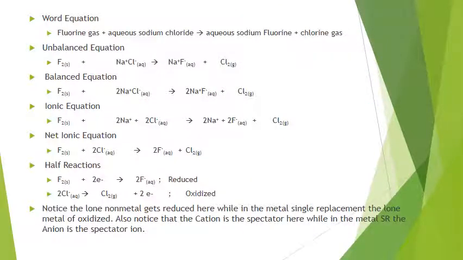So we're going to just take a look at this reaction here. All right, so we're going to write the word equation. So fluorine gas plus aqueous sodium chloride yields aqueous sodium fluoride plus chlorine gas. So fluorine is F2. Okay, one thing you'll notice is that this is the elemental form. Metals, when they're in elemental form, will just be the single element, like silver is just Ag and so forth. Then we have our diatomics.